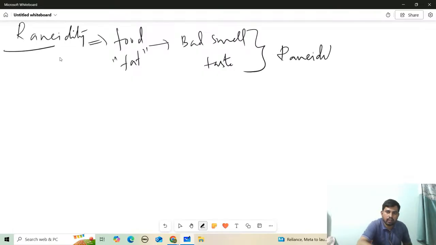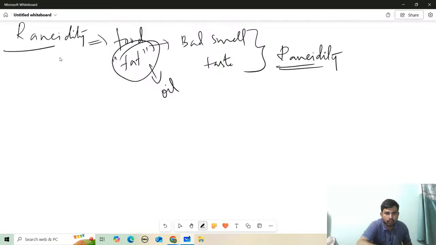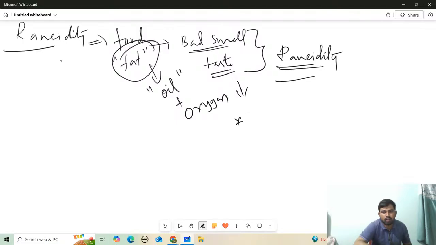Fat generally means oil items. The oil things undergo the oxidation process, and that's why we get a bad smell and taste. This process is called rancidity, and it is an example of oxidation.